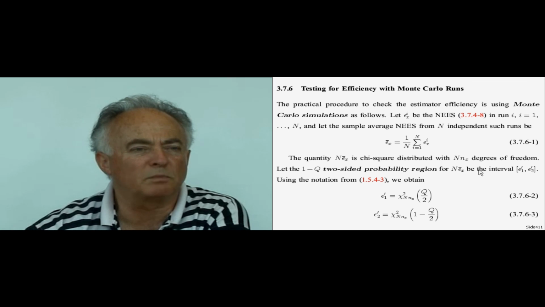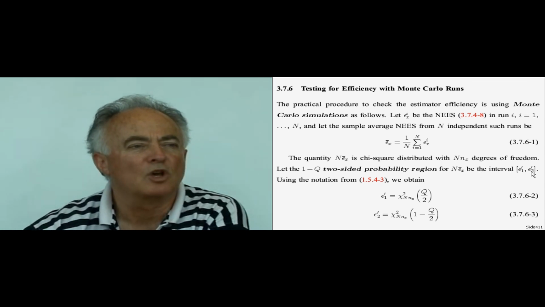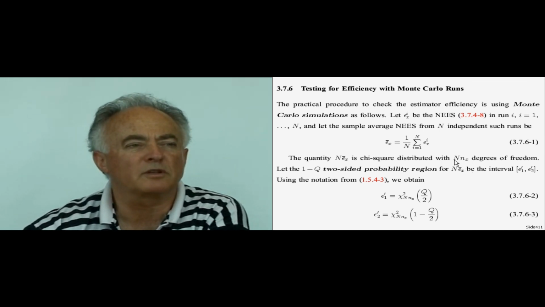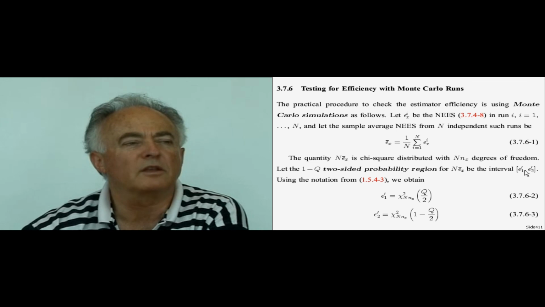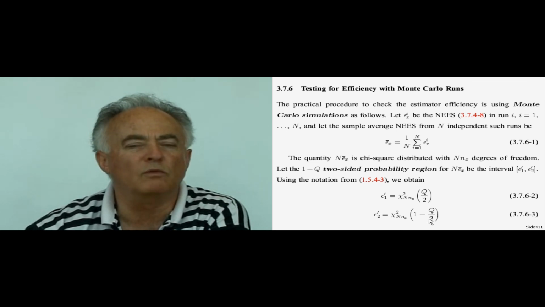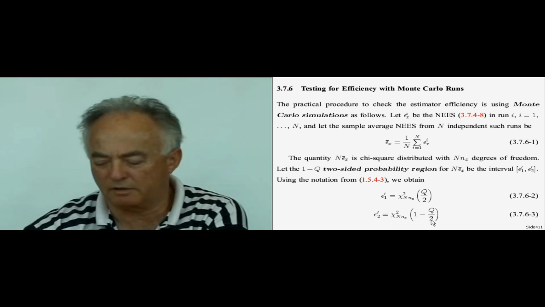Now we define the 1 minus Q two-sided probability region for N epsilon_x bar as the interval epsilon_1 prime to epsilon_2 prime. So if n_x is 4 and say N is 25, that's a 100 degree of freedom chi-square. And we define for this 100 degree of freedom chi-square an interval: epsilon_1 prime with the Q over 2 left tail, and epsilon_2 prime, the point with the Q over 2 right tail, upper tail.